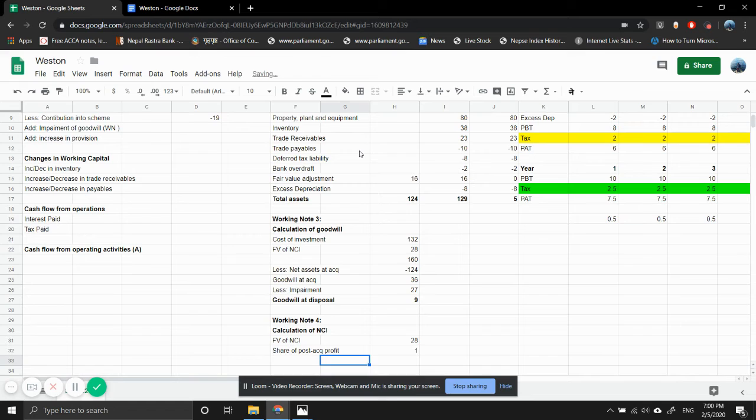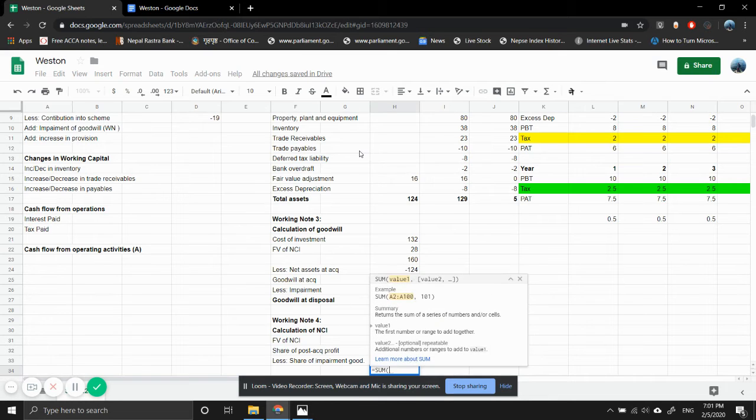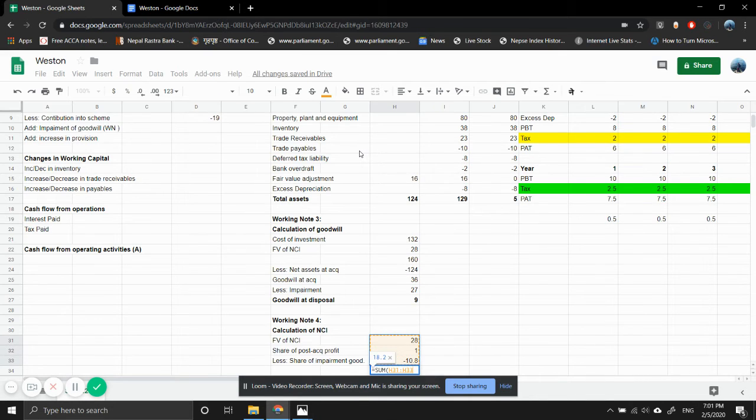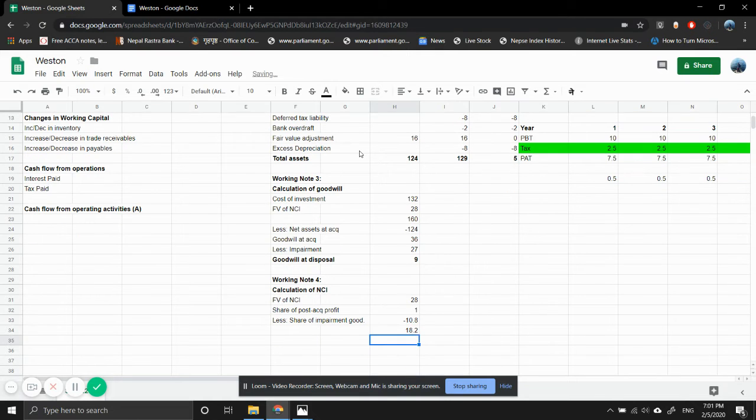Okay, and then less share of impairment, which is basically this figure into 0.4, minus 0.4. Okay, and then our sum will be NCI, right? This is our NCI.